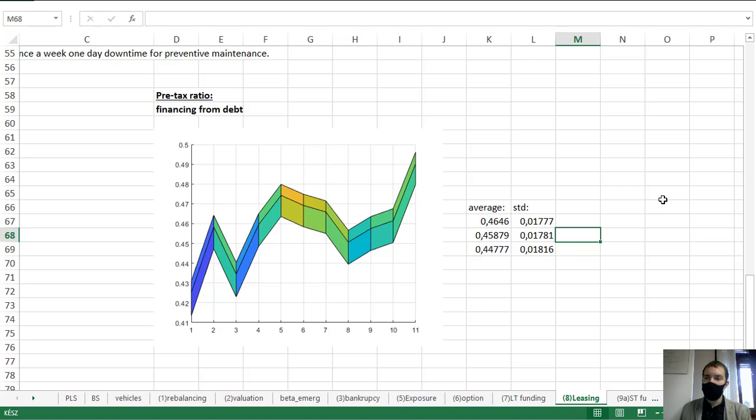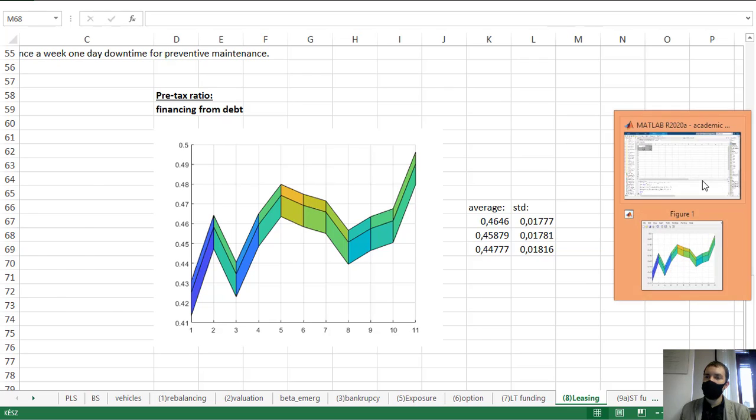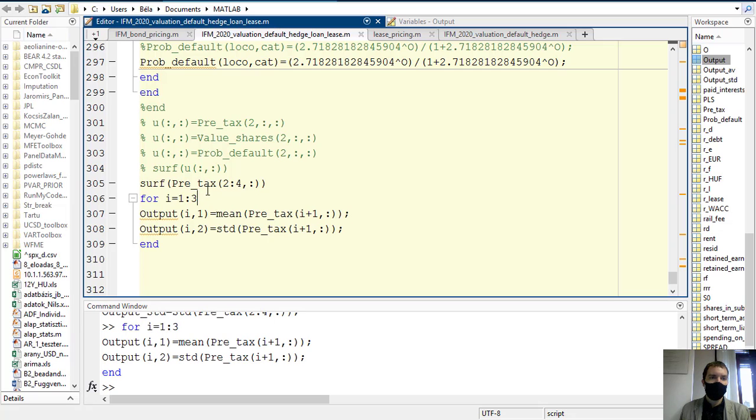And now let's see what is happening at the same time with our value. Oh no, it was probability of default, because that was the ordering in the description.